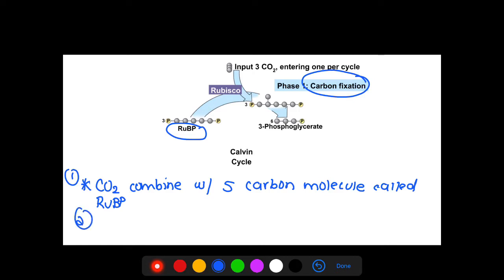I'm sorry, not Rubisco, it's going to combine with RuBP. This is the first part. What's going to happen is this is going to make a 6 carbon compound that is super unstable.